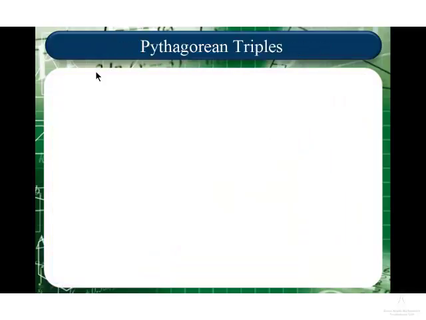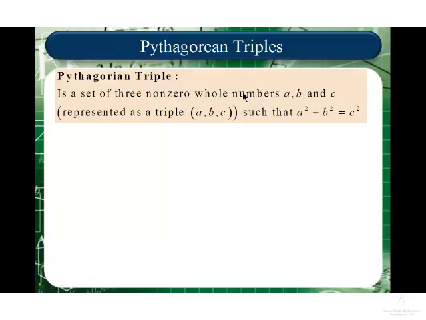There are very interesting sets of numbers linked to the theorem of Pythagoras, and they are referred to as Pythagorean triples. Let's have a look at the definition of a Pythagorean triple.